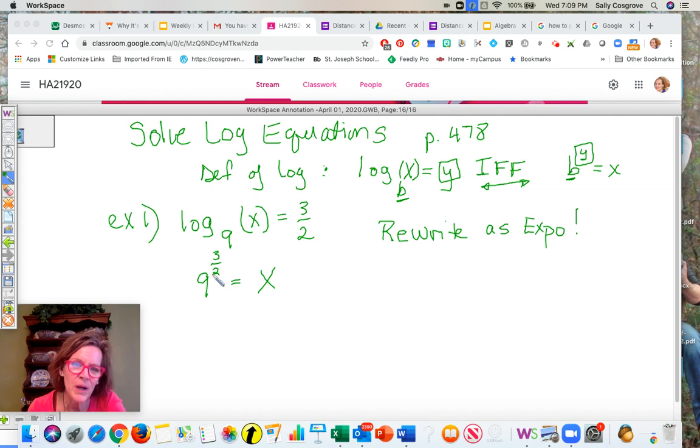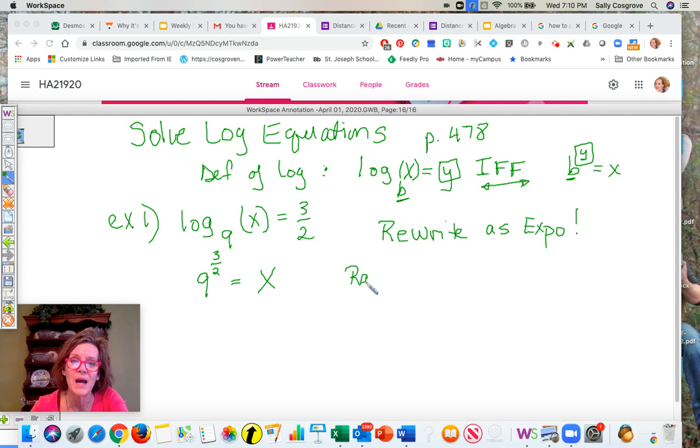So let's have a quick reminder. This isn't just 9 cubed, okay? It's 9 to the 3/2, and of course 3/2 is 1.5 power. How do we think about this? Well, we got to remember rational exponents.